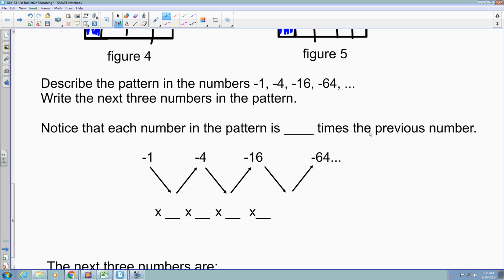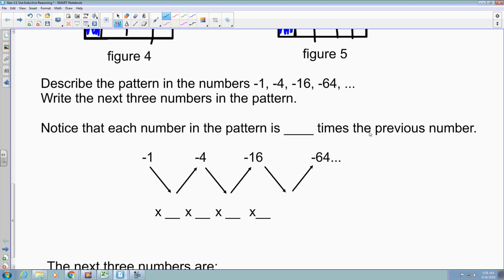So you got -1, you got -4, and then you got -16, -64. It rises quite a bit. So anytime that it rises drastically and it doesn't seem like there's an addition pattern or a subtraction pattern, I'm led to believe it's either multiplication or it's exponents.